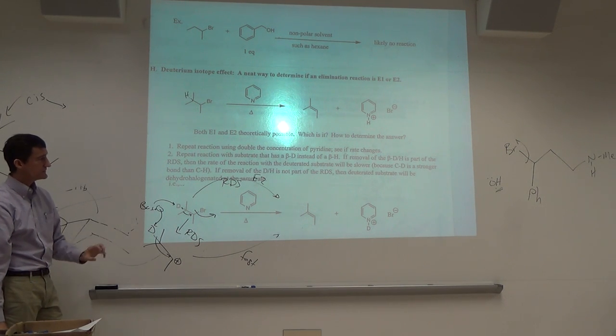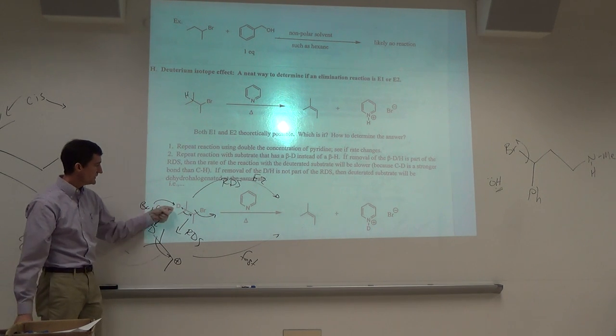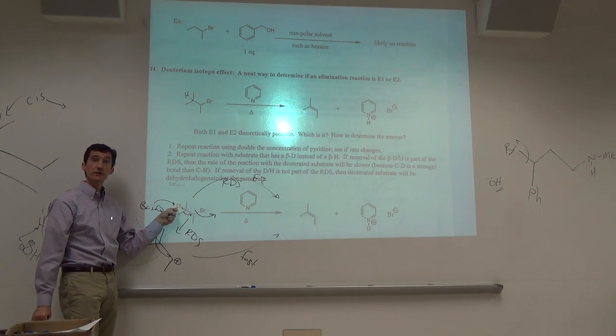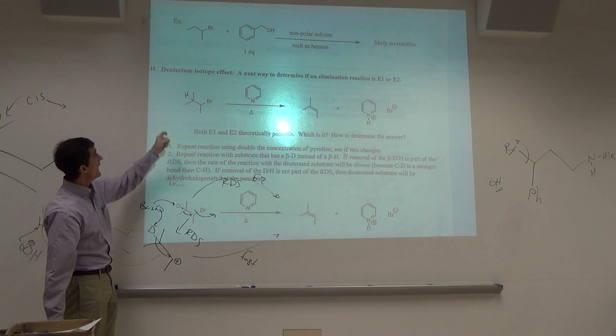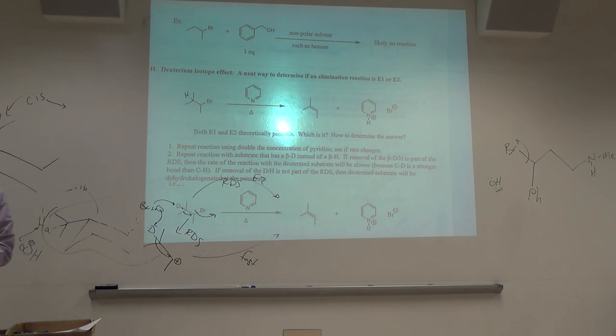So it's a rate study, but instead of changing concentration, we're changing the H to a deuterium. So it's an isotope study, or you're looking for an isotope effect. In summary, the deuterium carbon bond is harder to break.